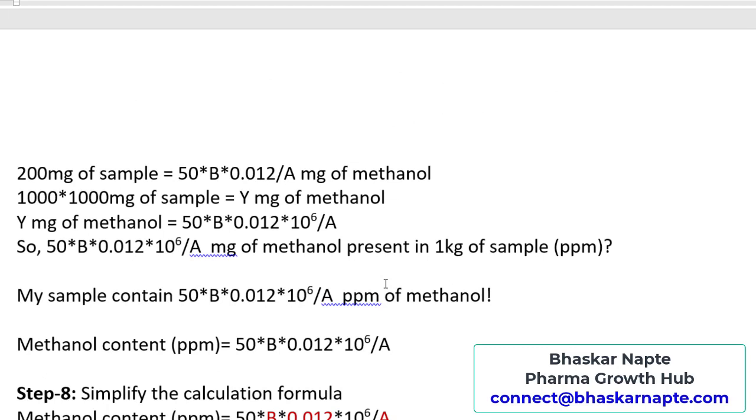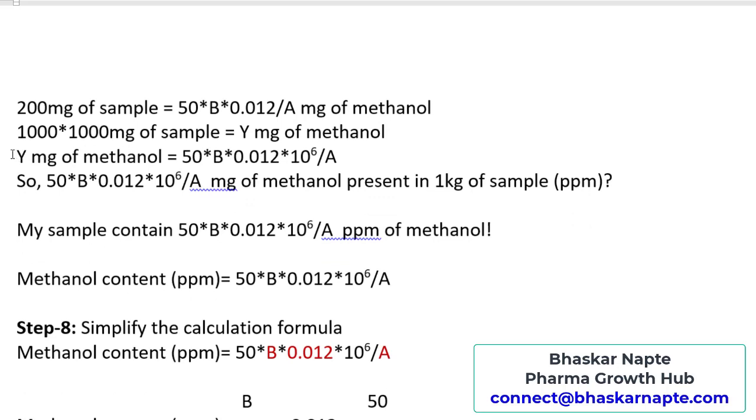I think we made some mistake probably over here, if I'm not wrong. And if you can help me out, what is the Y milligram of methanol, by the way? Y should be 50 into B into 0.012 divided by A. But what about this 200 milligram? So this 200 milligram is again going to be a divided by.